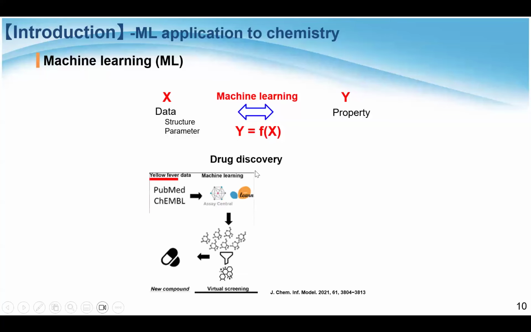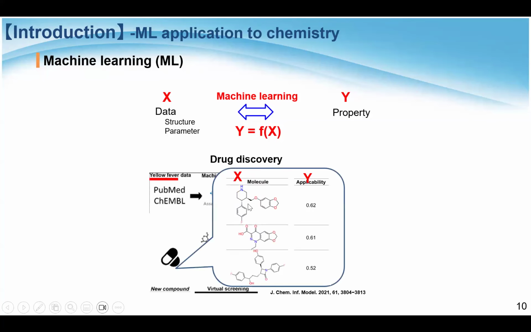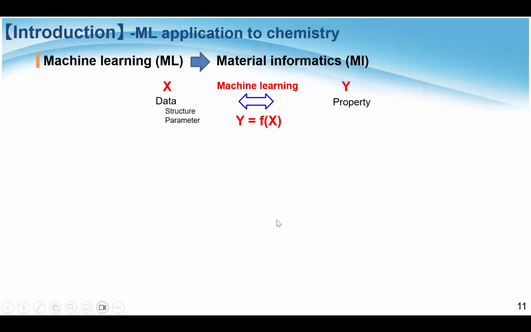For example, in the drug discovery process, you have various molecules which have medical activity, and these two are correlated to find out new drug candidates. This research has been mostly extended into materials informatics, called MI.